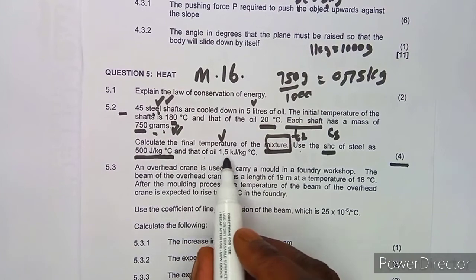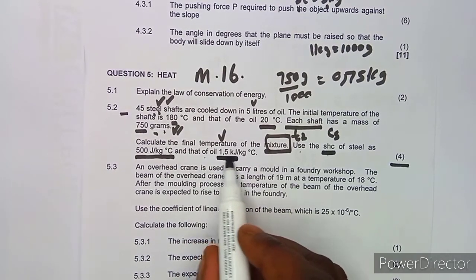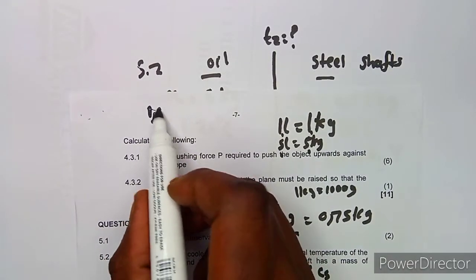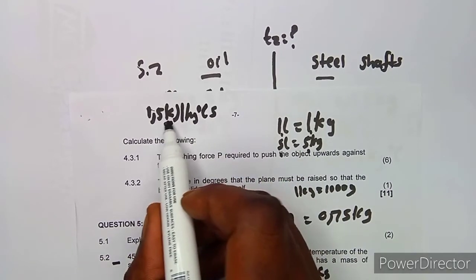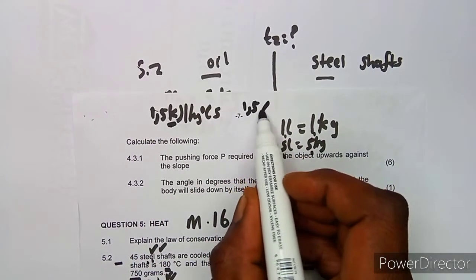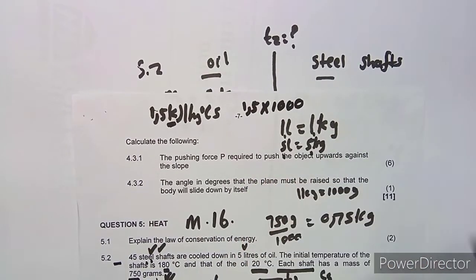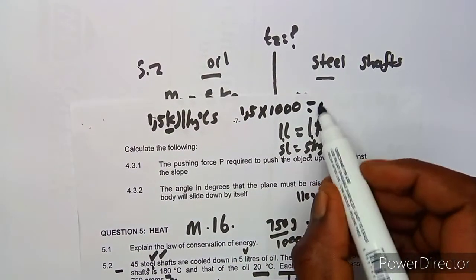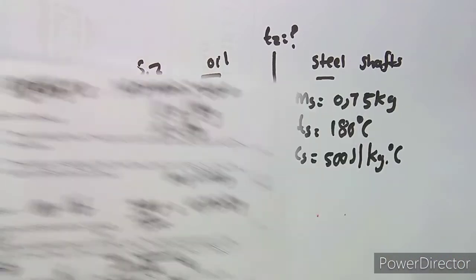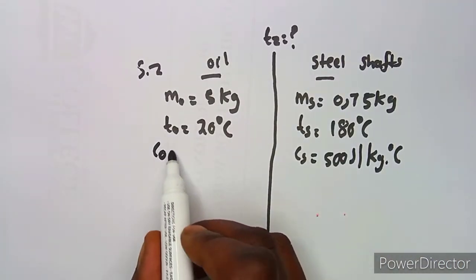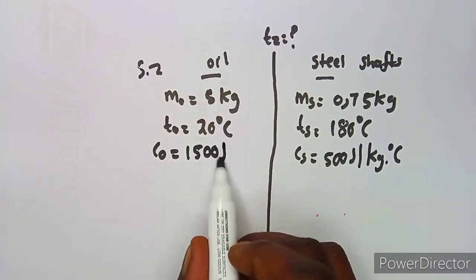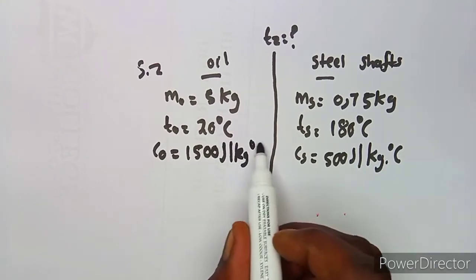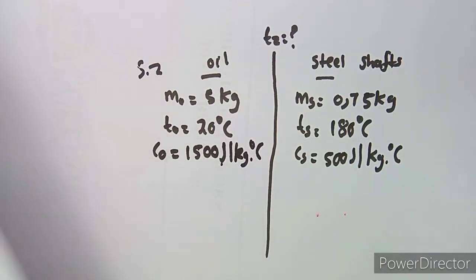And that of oil, take note, is 1.5 kilojoules per kg degrees Celsius, so you have to convert this. Kilo means 1000, so 1.5 times 1000 gives us 1500. That is, the specific heat capacity of oil is 1500 joules per kg degrees Celsius.